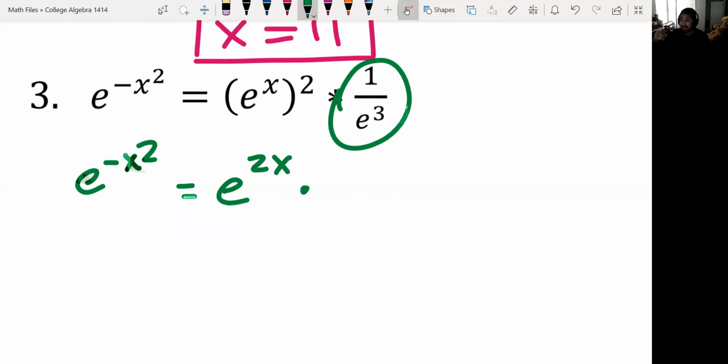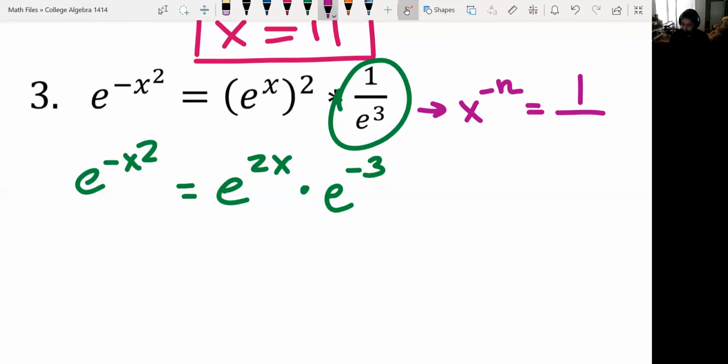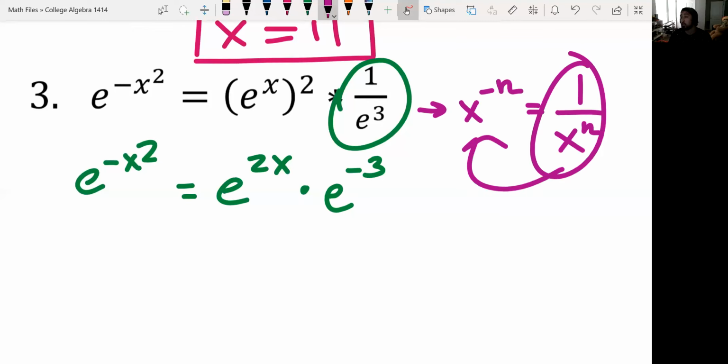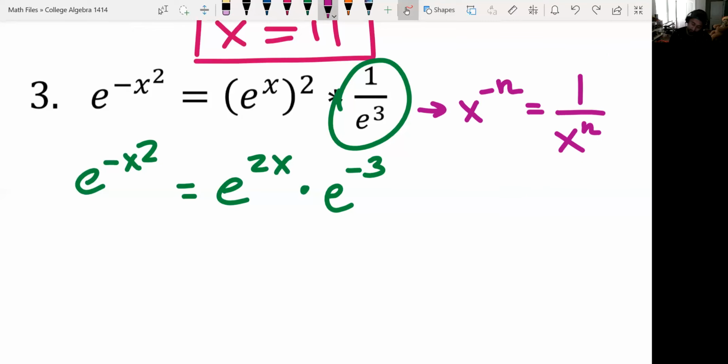We'll use the negative exponent property and rewrite this as e to the negative 3. So this uses this property. We have taken 1 over x to the n, or 1 over e to the third, and rewritten it as e to the negative 3. That's it. That uses the negative exponent property.